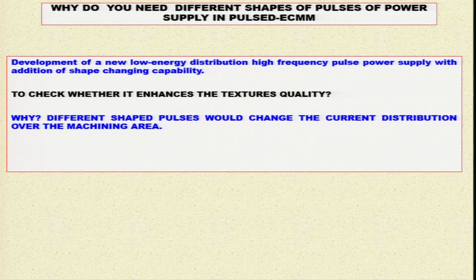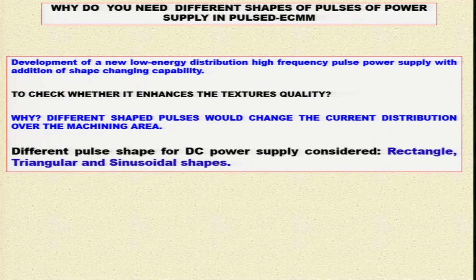Different shaped pulses should change the current distribution over the machining area, and if current distribution is changing, then definitely the textured surface characteristics are also changing. Different pulse shapes for DC power supply are considered, like rectangle, triangular and sinusoidal shapes. I will show you.